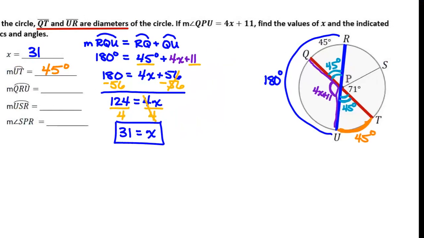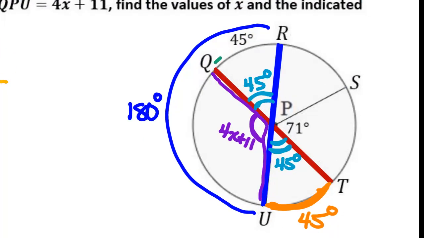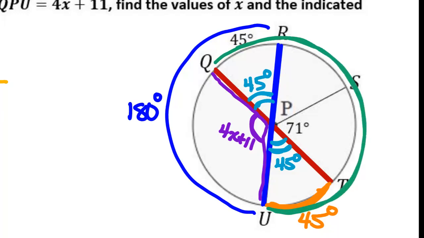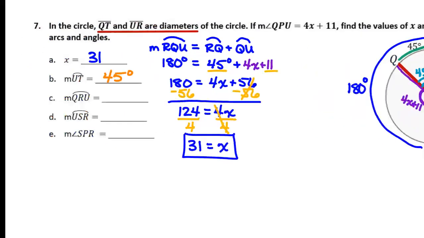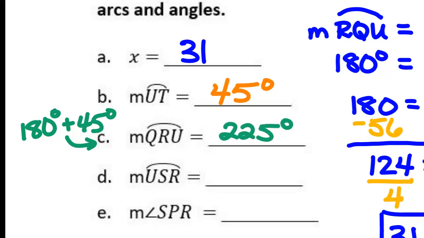QRU, arc QRU. Let me get a different color. So I want this whole piece right here. How much? 180 plus 45, absolutely. What is 180 plus 45? 225, yes.